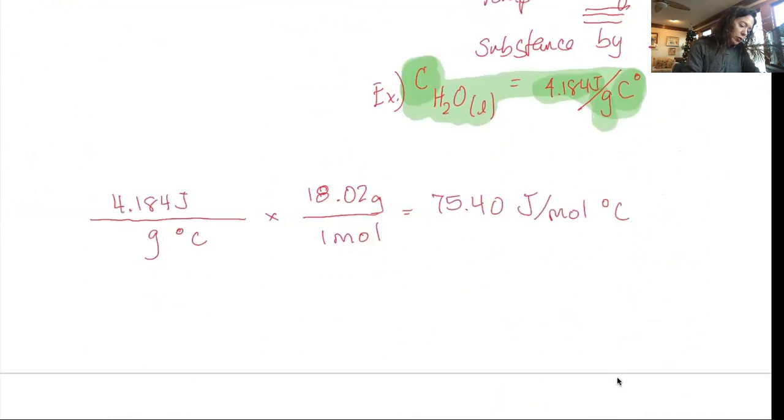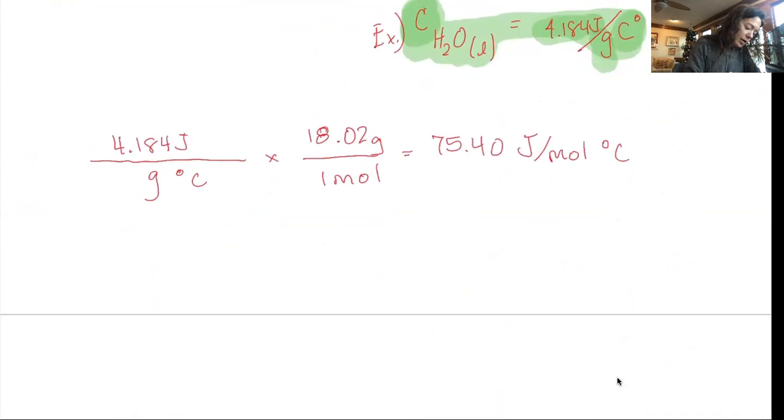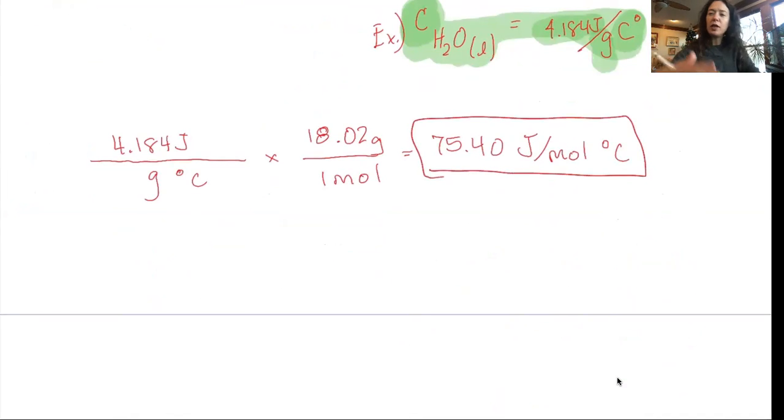Often, when we have a molar heat capacity here, it is in kilojoules. And then it almost turns into our enthalpy. Okay? We take the joules per gram and change it to kilojoules per mole. And we now have the units for enthalpy, all right?